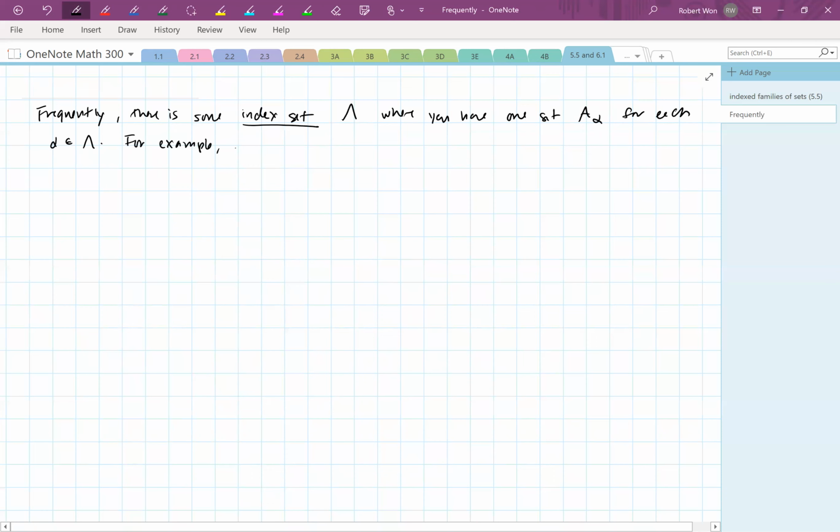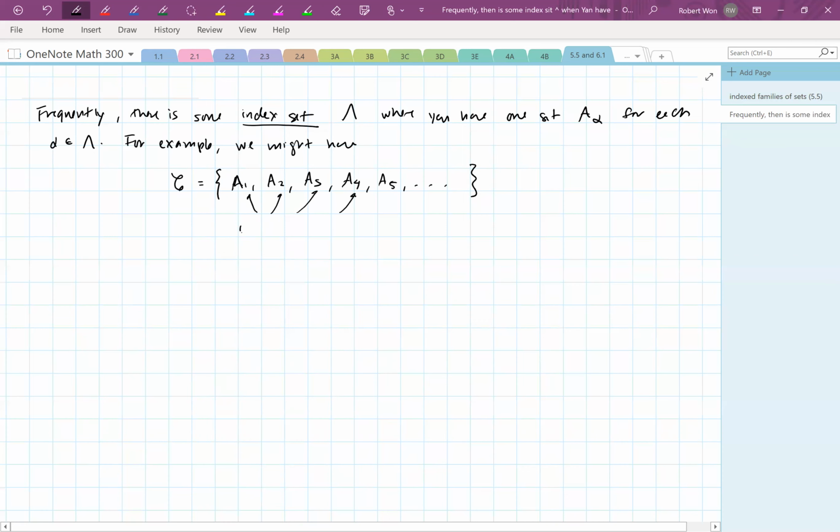For example, we might have sets like A1, A2, A3, A4, A5, right? An infinite number of sets. If I want to take their union or their intersection, this whole set of sets might be the family C. I have infinitely many of them, but these sets are indexed by the natural numbers.